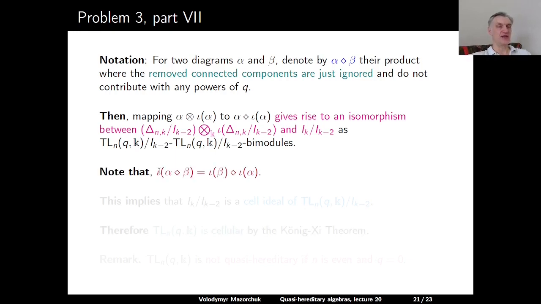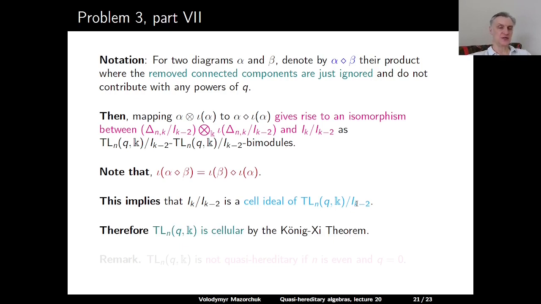From the geometric nature of our involution and from the definition of the product, it is very easy to see that iota applied to alpha diamond beta is equal to iota of beta diamond iota of alpha. And this implies directly from the definition that I_k modulo I_{k-2} is a cell ideal of the Temperley-Lieb algebra modulo I_{k-2}.